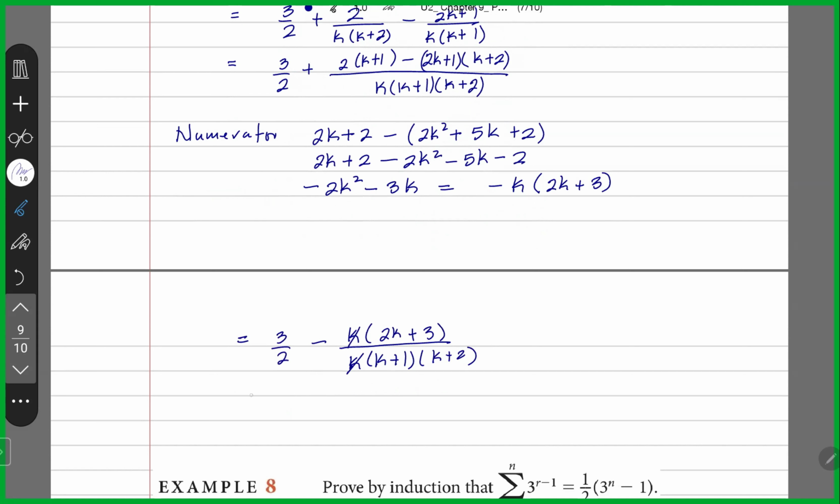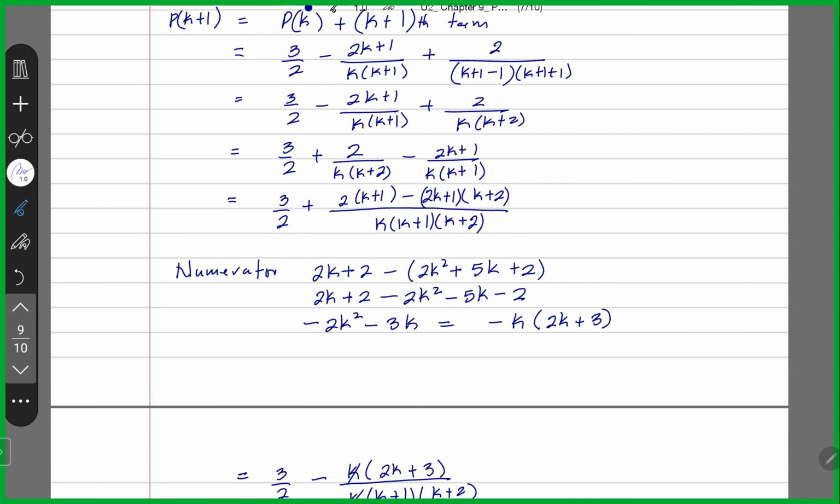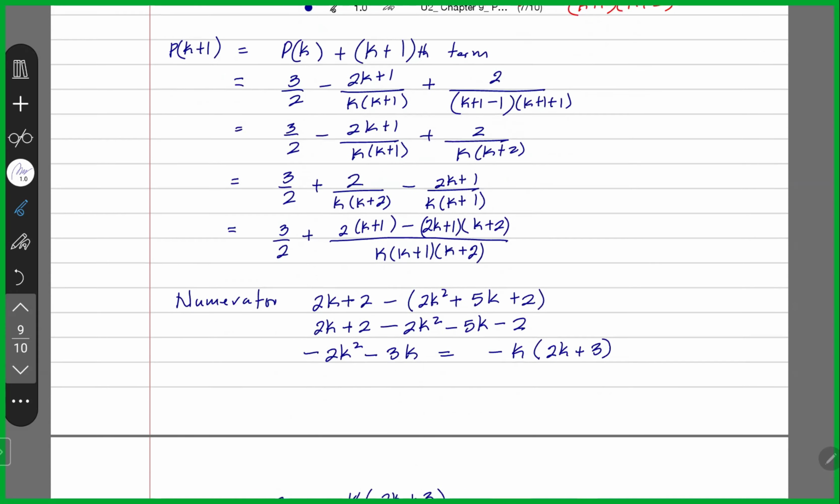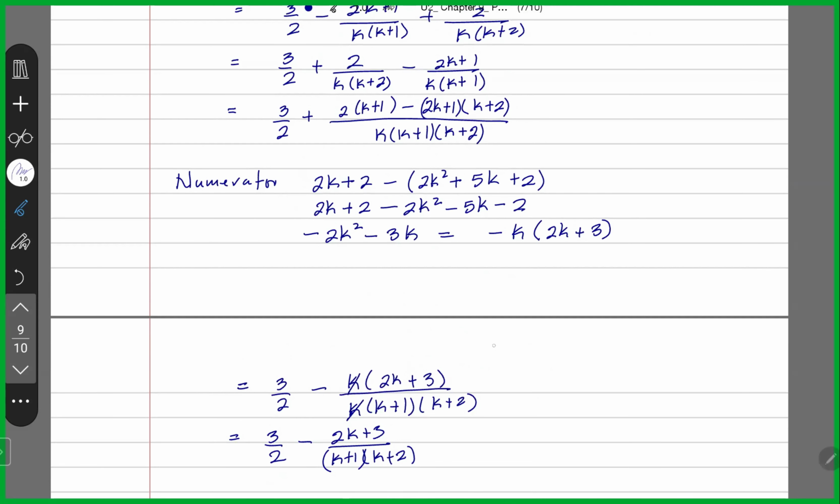The k's cancel, and this becomes 3 over 2 minus (2k plus 3) over (k plus 1)(k plus 2). All right, which is what we wanted to prove in the first place, which we just did. So now we've proven this, we can write our final statement that Pk plus 1 is true when Pk is true.